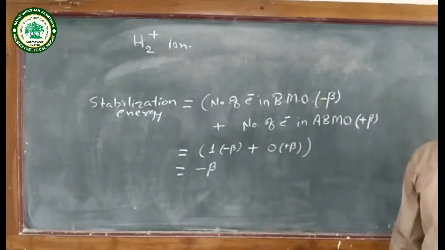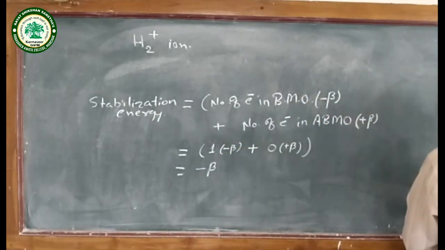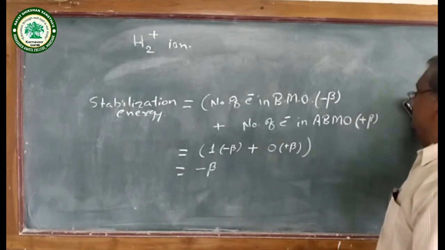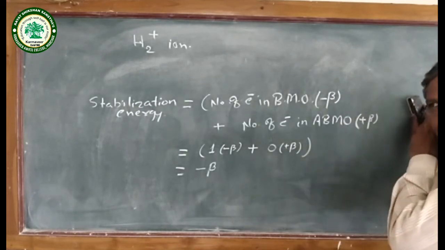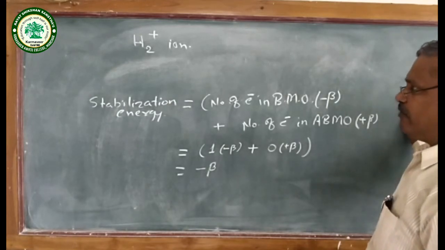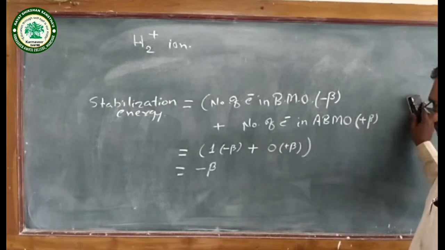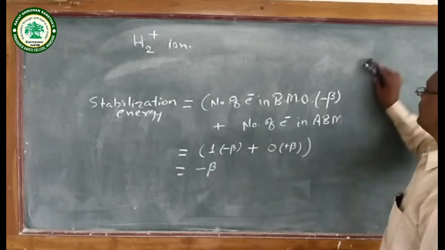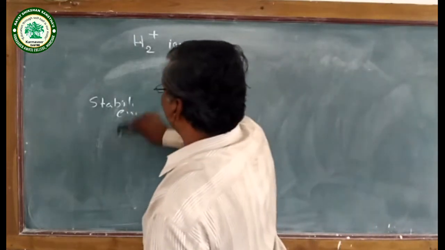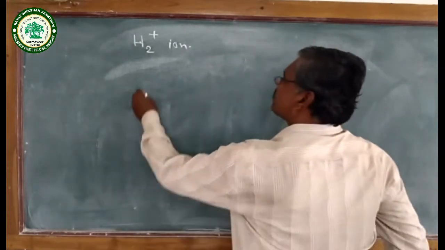This stabilization energy suggests that the H2 plus ion is somewhat stable and it occurs in the spectra when hydrogen is discharged at high pressure. The bond order also can be found out for H2 plus ion.